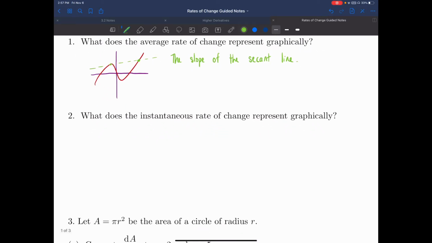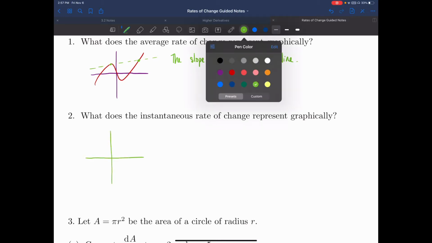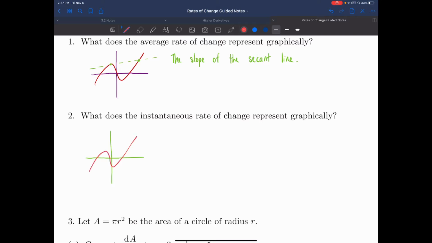The instantaneous rate of change graphically, if I draw another rough little picture, and we choose one point on this, it doesn't really matter where. So the instantaneous rate is just the slope of the tangent line.